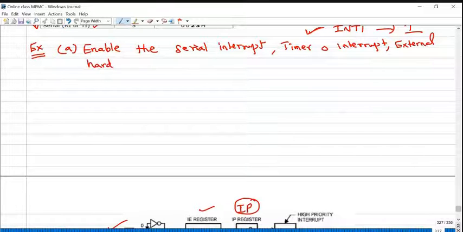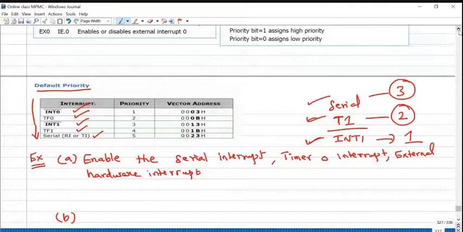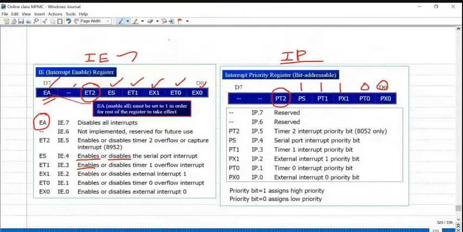So first, we should use the interrupt enable register.